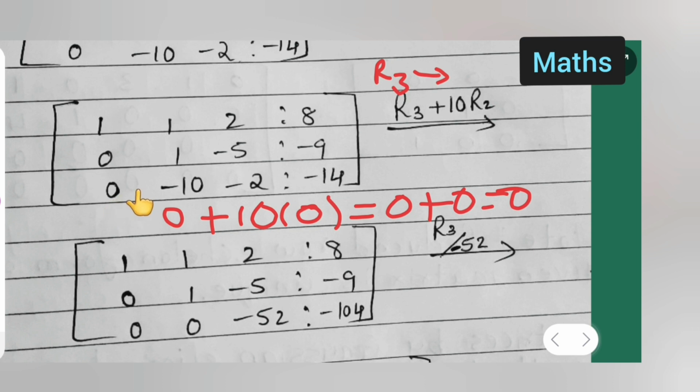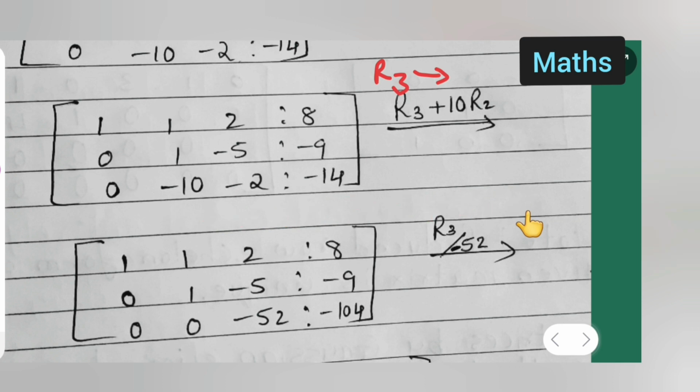Over here, this is your R3, 0 plus 10 times R2. R2 is what? 0 over here, 0 plus 10 into 0 will be 0, which is equal to 0, right?